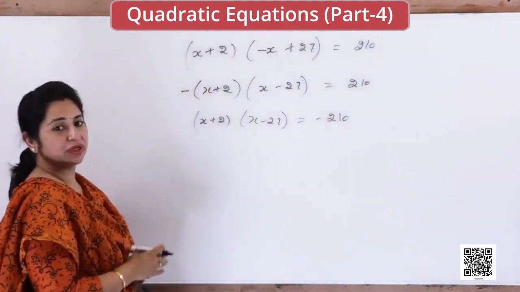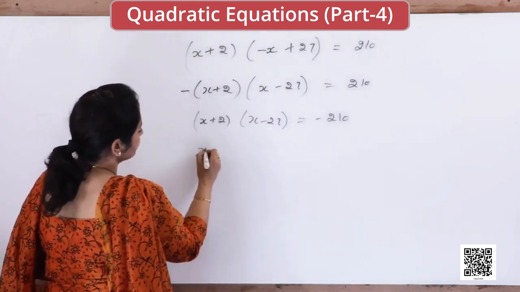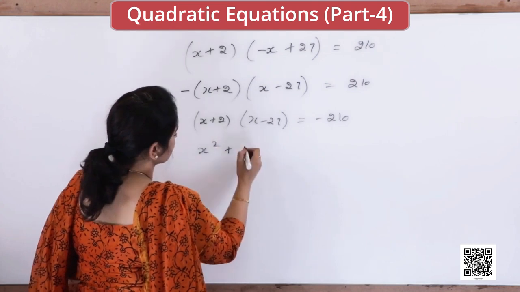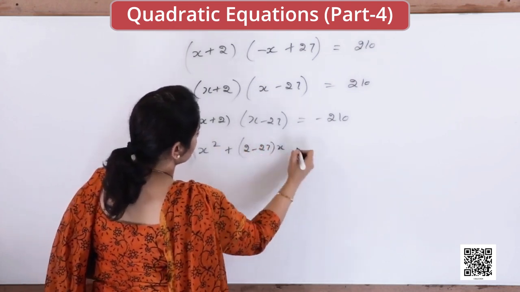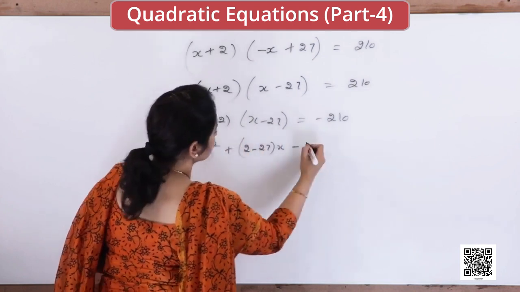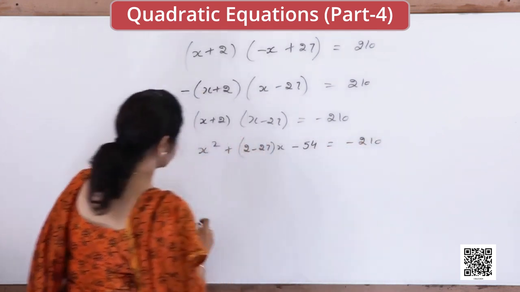This is one way of doing it. You can do it like that also. So solving it, we will have x square plus a plus b x, that is 2 minus 27 x. Then we have plus ab, that will give us minus 27 2s are 54, is equal to minus 210.